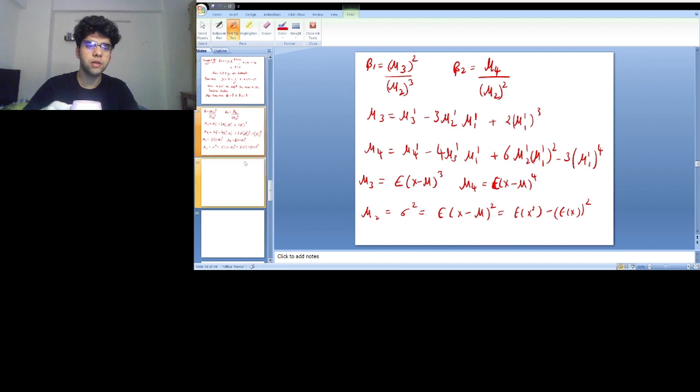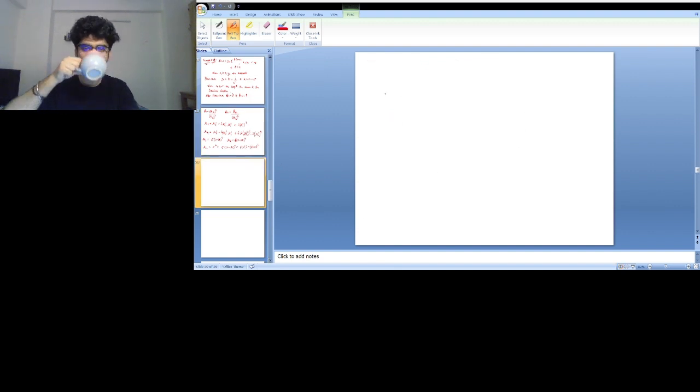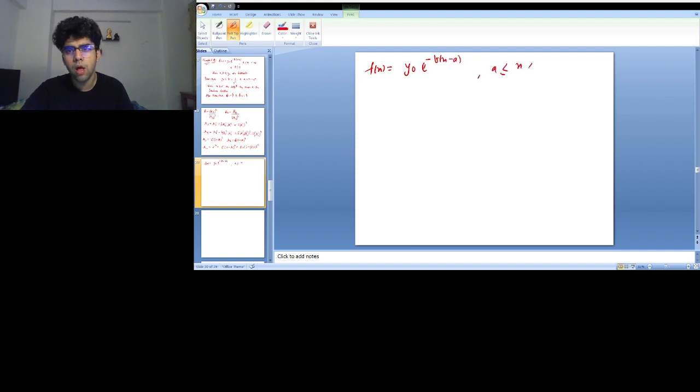So let's just find the value of y0 first. The PDF given to me is f(x) is equal to y0 e to the power minus b(x minus a), where x lies between a and infinity. Now how do I find the value of y0?